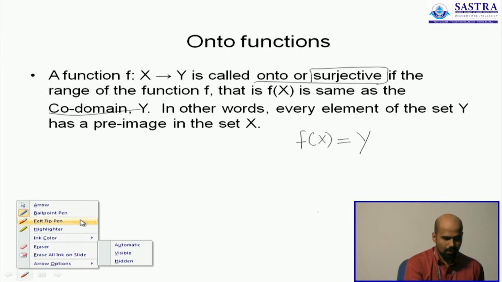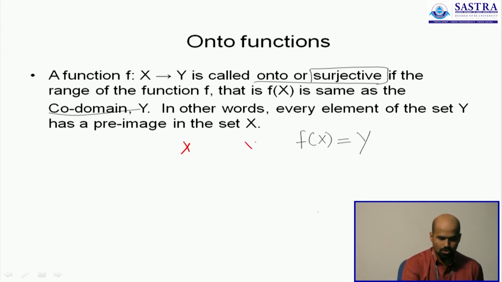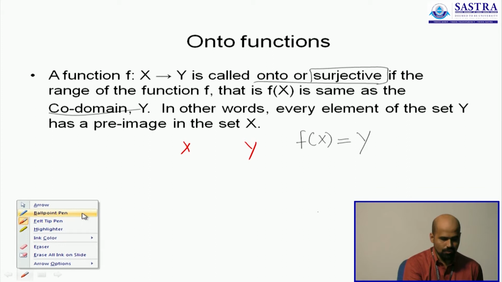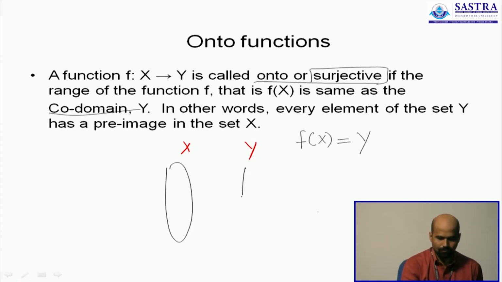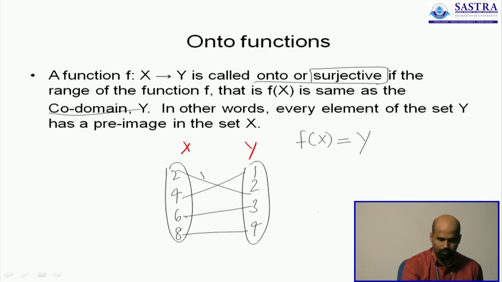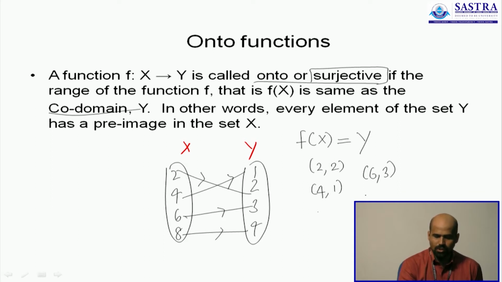For an example, let's draw another pictorial representation of the same. This function talks about the pairing up of elements in this manner. 2 and 2 are together, 4 is mapped to 1, 6 is mapped to 3, 8 is mapped to 4.